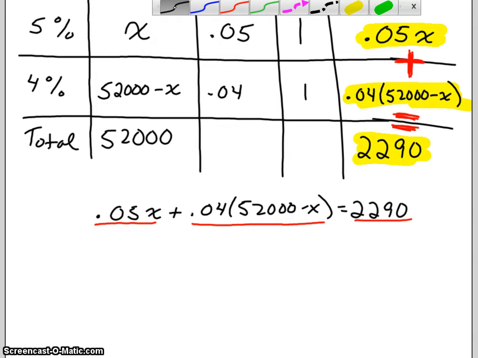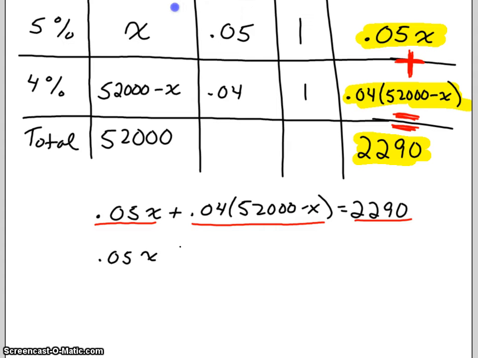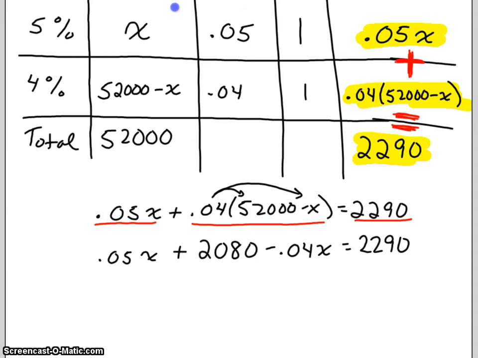All right, now you're going to have a calculator and work along with me here. So we're going to have 0.05x plus, now we have to distribute the 0.04. So 0.04, or 4/100ths, times 52,000 is 2,080, minus 0.04x equals 2,290.